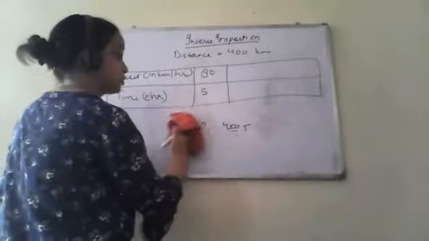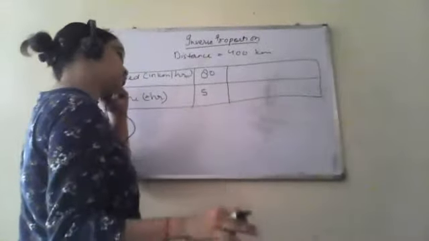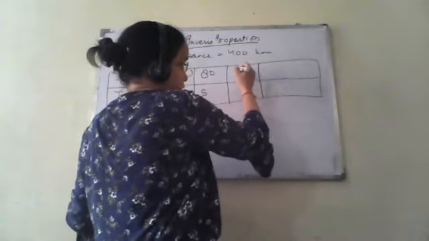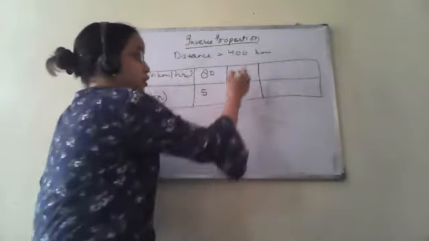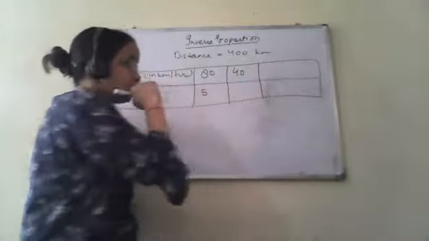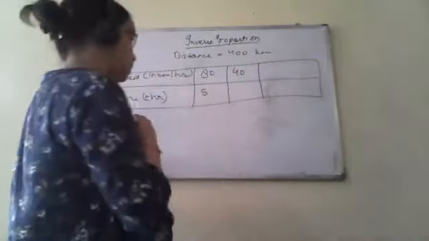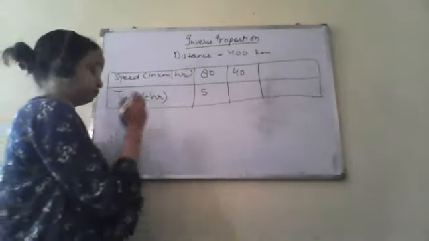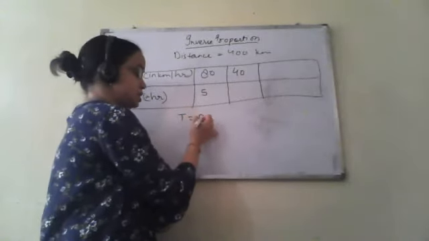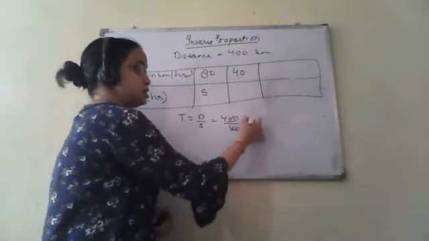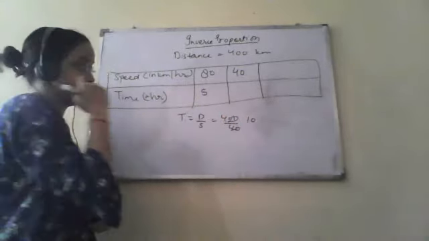Now see, if we decrease our speed, say I'm reducing speed to 40 kilometers per hour. Now the speed of the train or whatever the vehicle is 40 kilometers per hour. So what will be the time taken? Time is distance upon speed, that is 400 upon 40, that is 10.